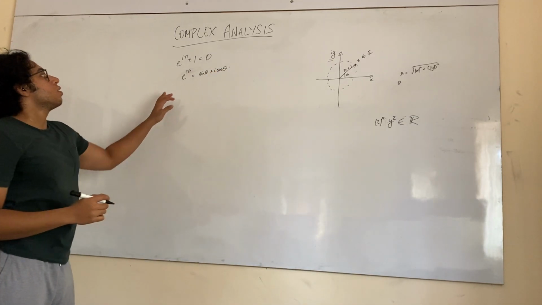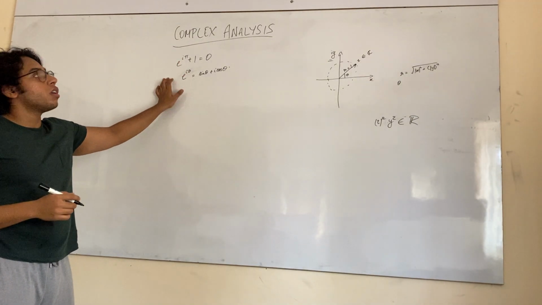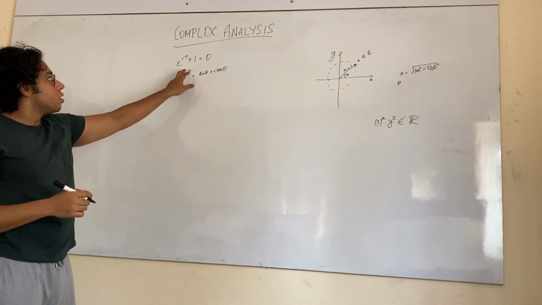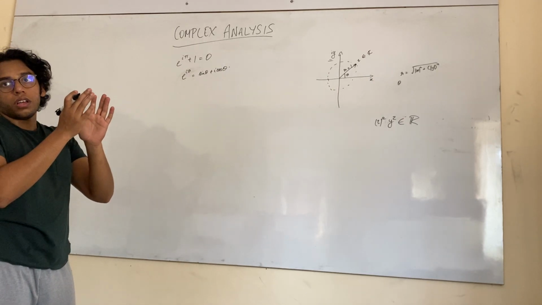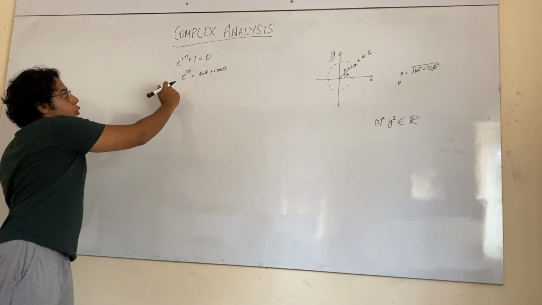This is Euler's formula, the identity of the formula, right? So when you look at this, the angle can be represented in terms of the x and y axis.